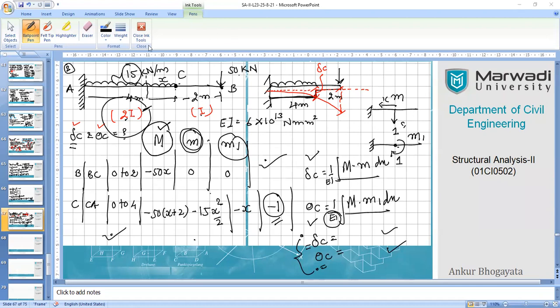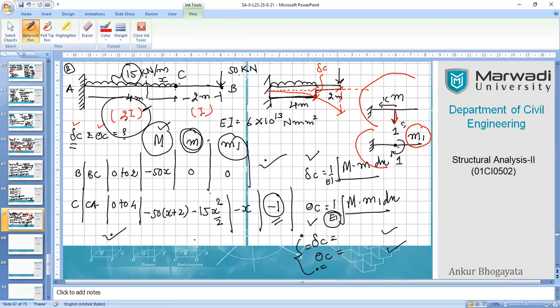You can see here, we have applied unit load at point C just to obtain the deflection, and here we have applied unit moment just to develop generalized moment equation M1, and we have rightly written it.